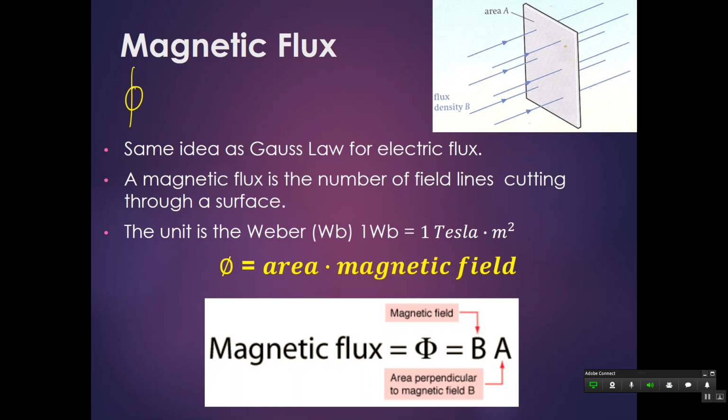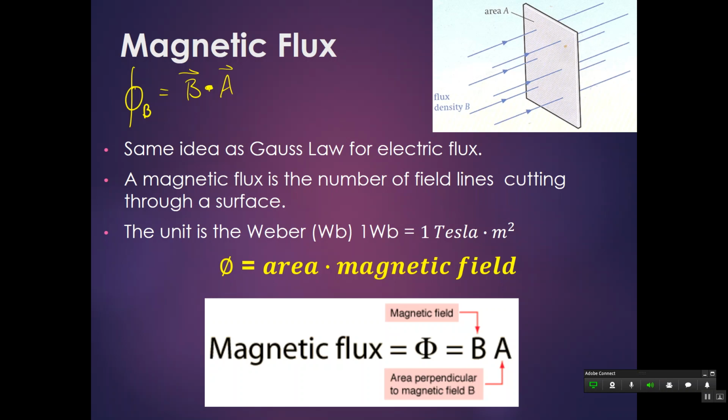So flux here is the same symbol as what we saw before, and it's the same concept. It's the dot product of the magnetic field and the area. If you remember, when we were talking about flux and Gauss's law, it was the amount of electric field lines that would enter a surface area, so the flux is basically how much field is entering per unit area.